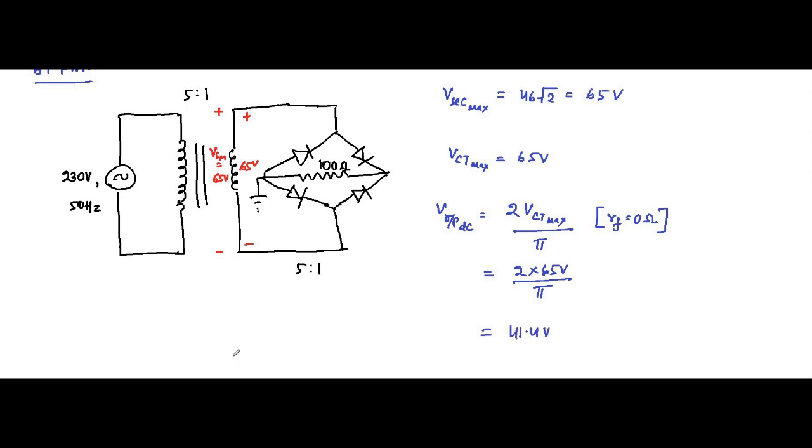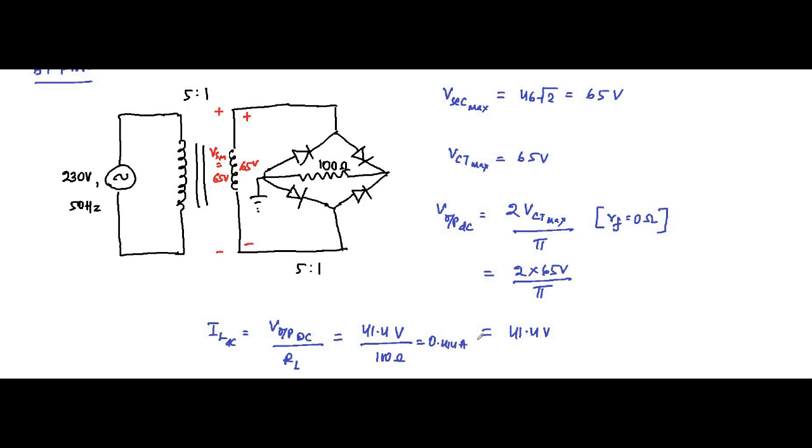If you want to determine the DC value of the load current, it will be V output DC by RL, which is 41.4 volt by 100 ohm, same load resistance, everything is the same, so it is 0.414 ampere.